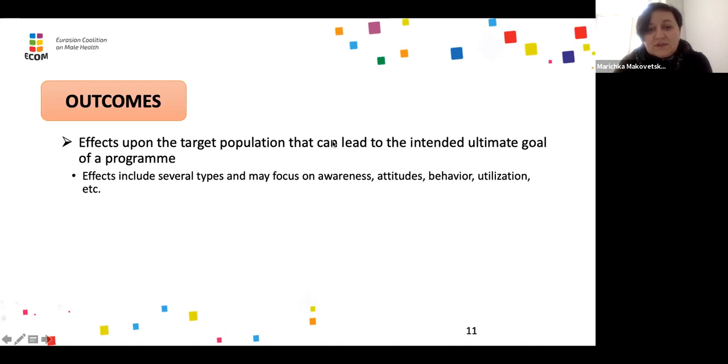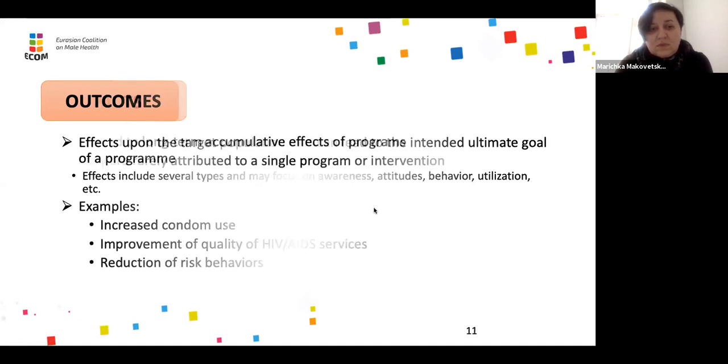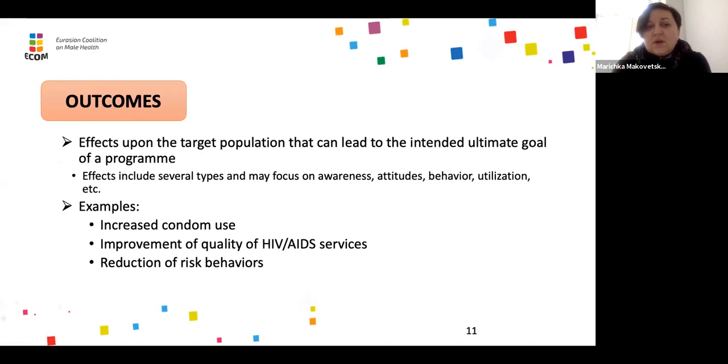Good examples in this case would be increased condom use. Let's say you work in a prevention program and you understand that youth in your country do not use condoms in each sexual contact. Then the outcome indicator in your case would be increasing condom use in each sexual contact.